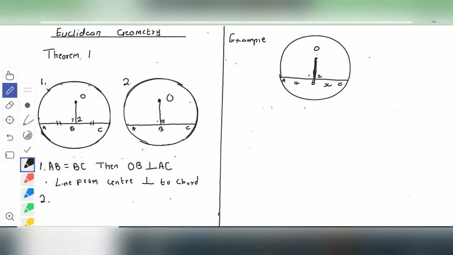Just know that whenever angle OPC is equal to angle OPA, because they're both equal to 90 degrees, the reason from here is the line from center to the midpoint of a chord.